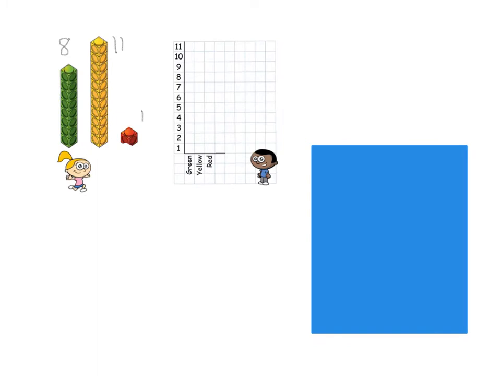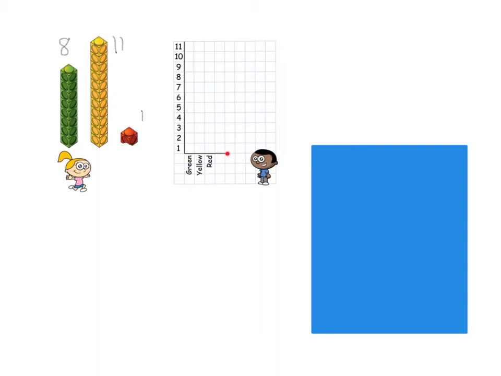Okay, let's see if we can make a block diagram. We're going to do it on squared paper, like you can see here. For a block diagram, we need a nice straight line going up the side, just like this one here of the paper, and a nice straight line going across the bottom, just like this one here.